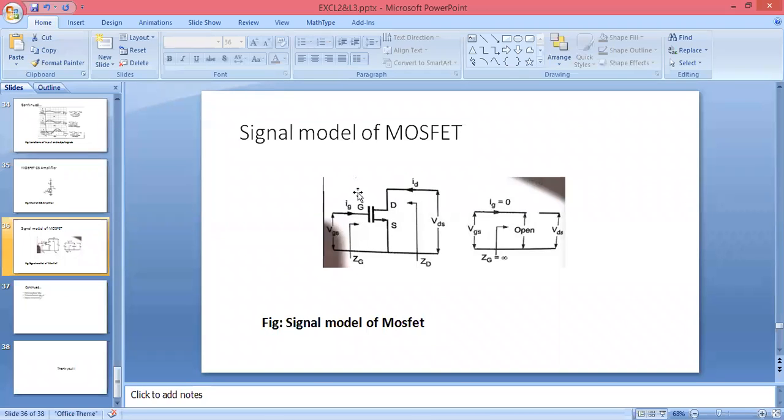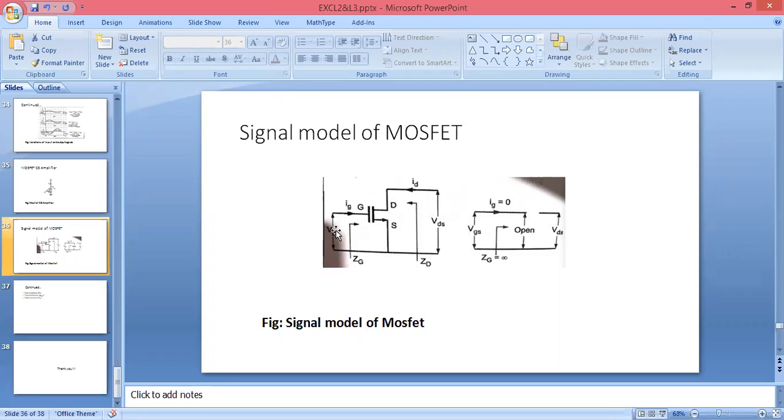मैं यहाँ पे voltage ही नहीं दे रही हूँ, तो मुझे IG का value क्या मिलेगा? 0 मिलेगा. That's why we are getting IG equal to 0. And transconductance, how is it related? It is related with Vg. As we know, according to Ohm's law, V equal to IR. But transconductance is the reciprocal of resistance. So as we are getting 0 current, we will get infinite transconductance at the gate terminal.